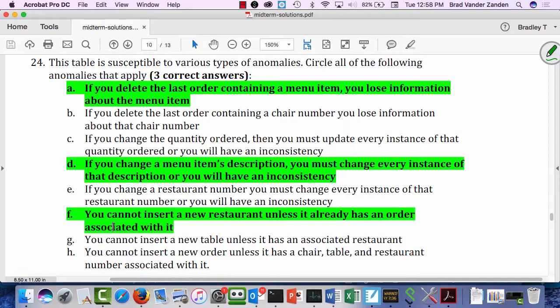And an order is a relationship, and yes, it has to have a chair, table, and restaurant number associated with it. That's a business rule. That's not some kind of anomaly. You can't put in an order unless someone's placing it. So there's nothing wrong with requiring that information in H. So questions about that?